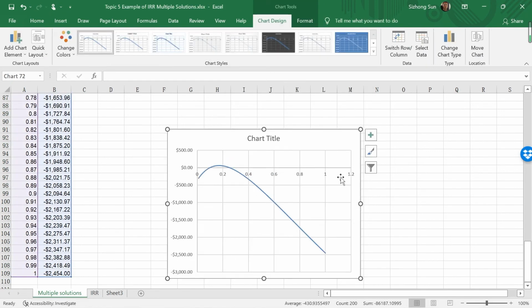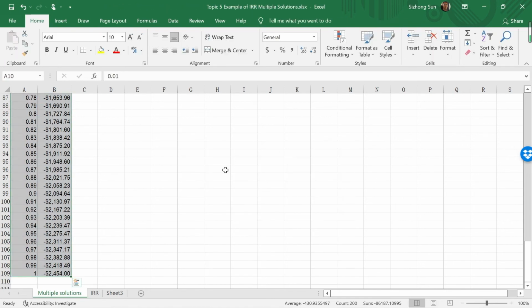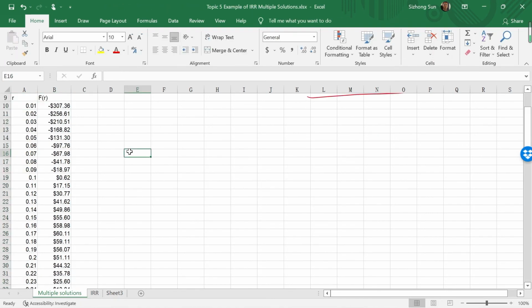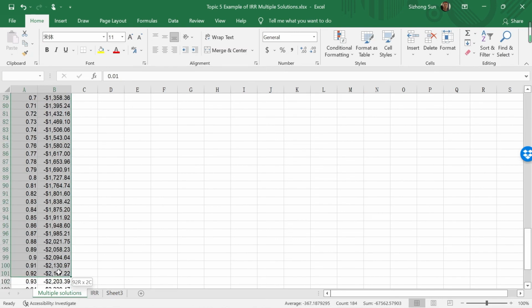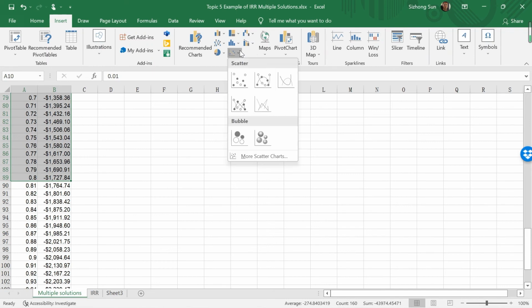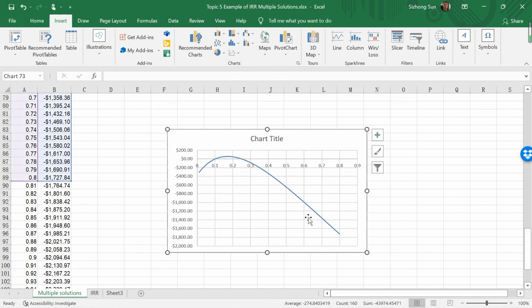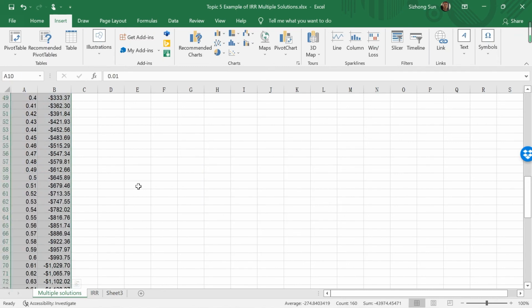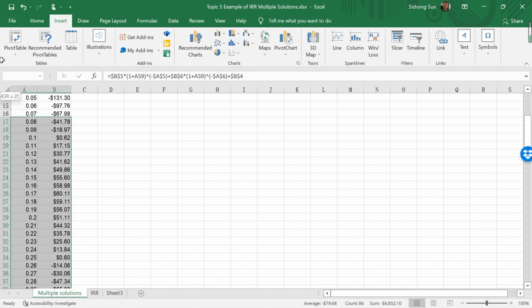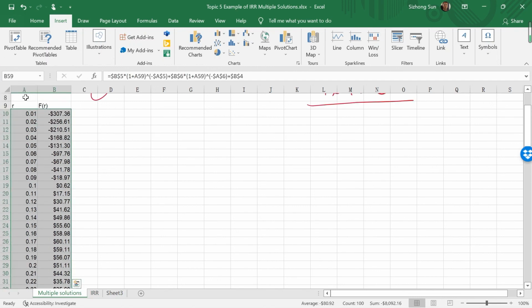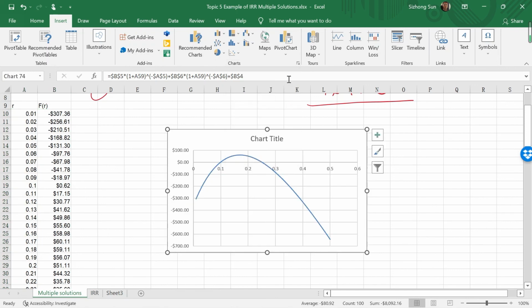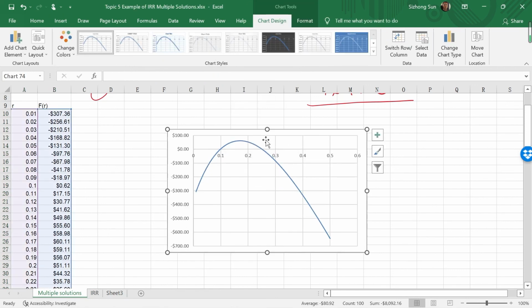We can see that, or maybe rather than draw up to 1, let me draw up to 0.8. Then on this graph, we can easily see that there are two solutions.